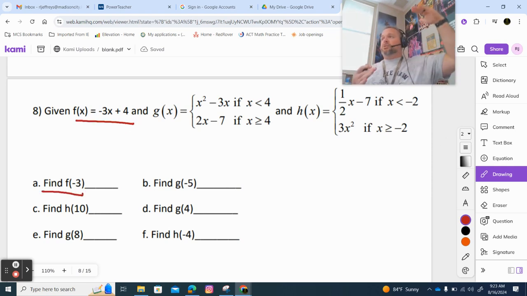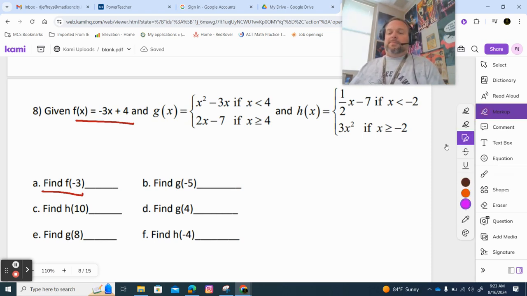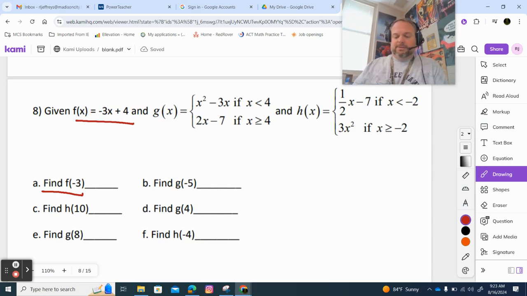We don't have to choose either one. And you won't have three to choose from. It's actually going to be mainly either this or this for the test.